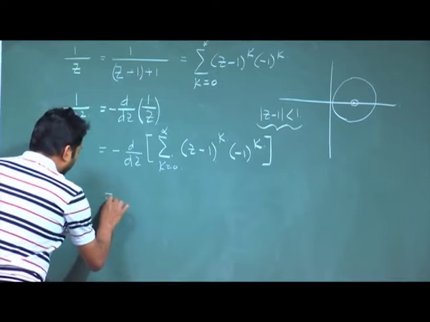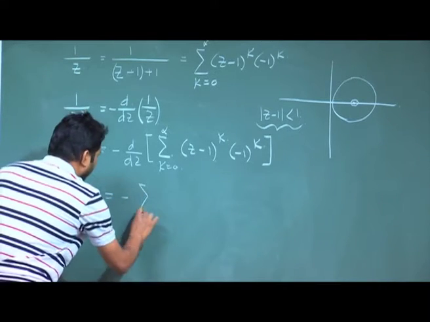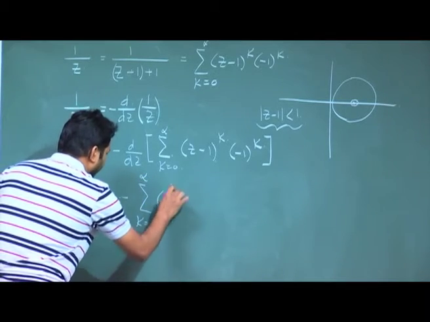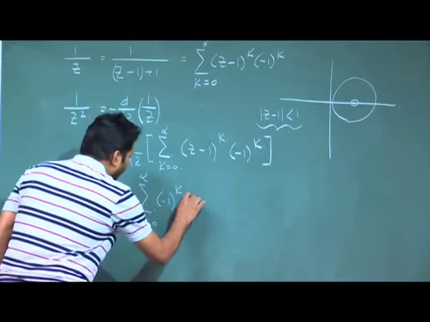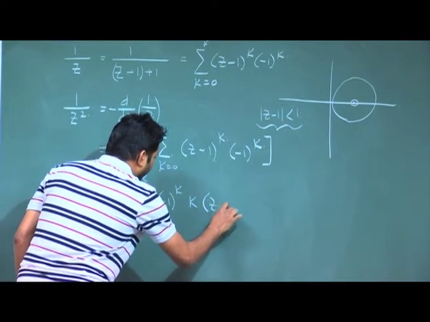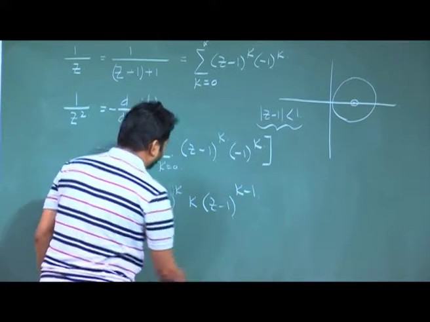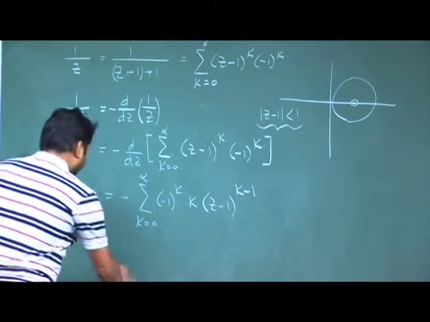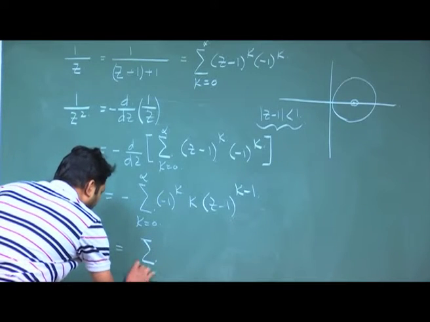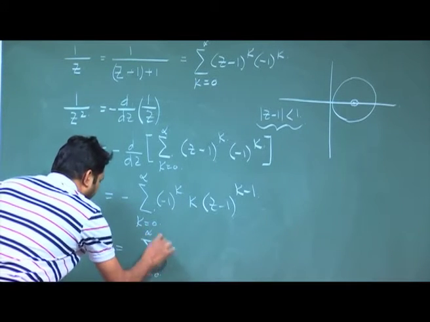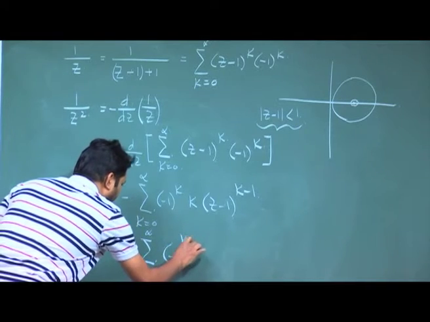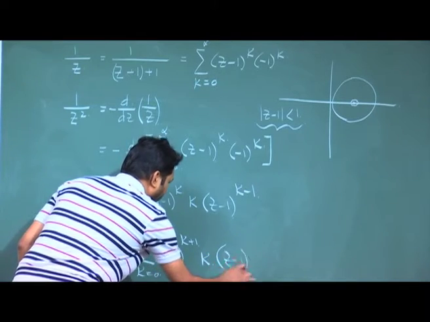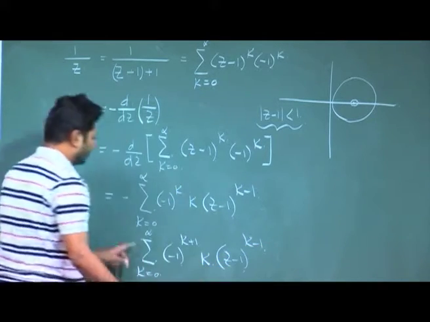With the negative sign, summation over k from 0 to infinity, minus 1 to the k will remain, and this quantity will be k times z minus 1 to the power k minus 1. So I again have a series. You can also absorb this minus 1 inside, and if we do, then you will have minus 1 whole to the power k plus 1 multiplied by k times z minus 1 whole to the power k minus 1, k from 0 to infinity.